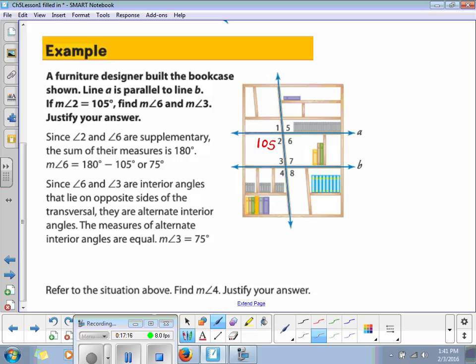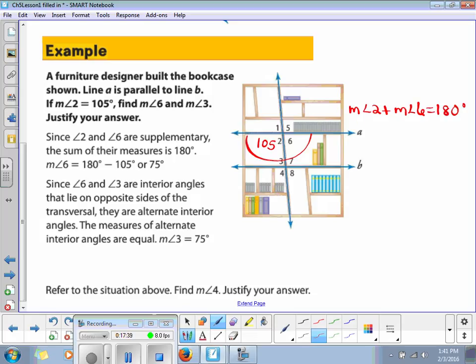And we want to justify our answer. So, if 105 is the measure of angle 2, in order to find the measure of angle 6, they have to add up to 180 degrees. So, the measure of angle 2 plus the measure of angle 6 is equal to 180 degrees.